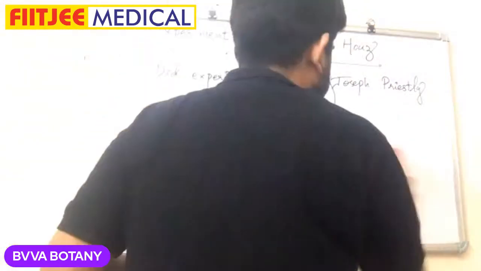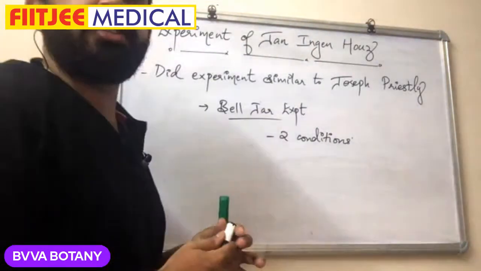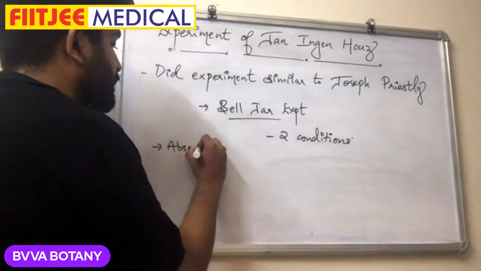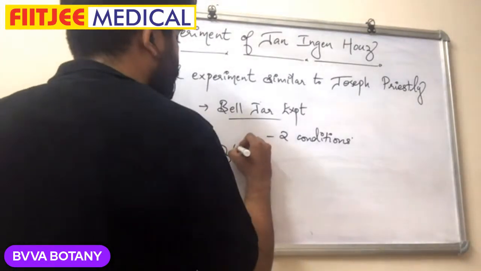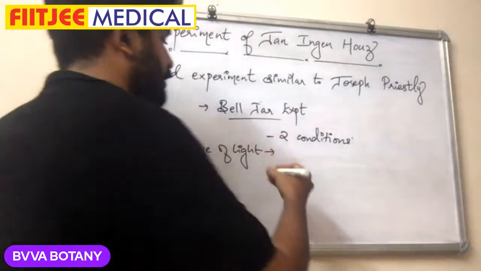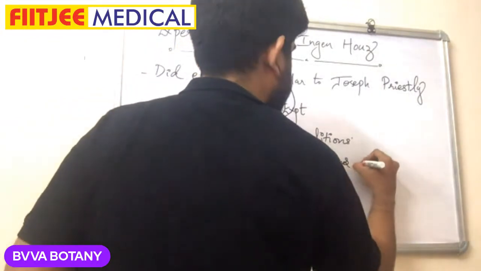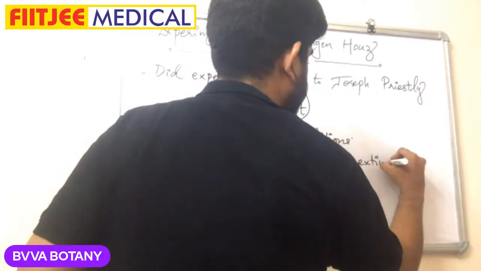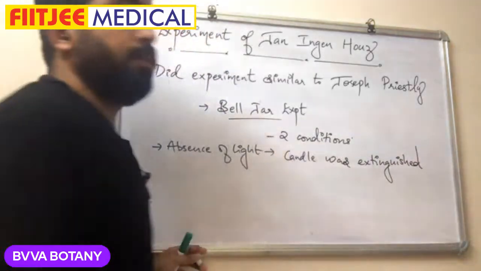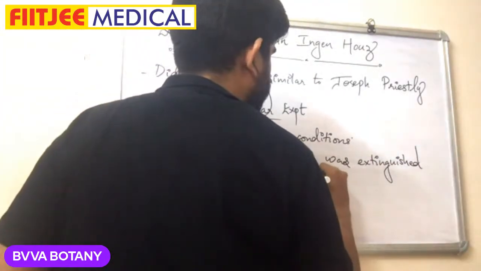We very well know that plants do the process of photosynthesis. So in absence of light, this experiment showed that the candle was extinguished and the mouse was dead also.